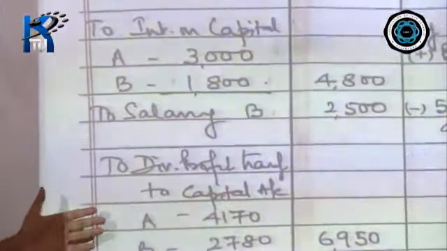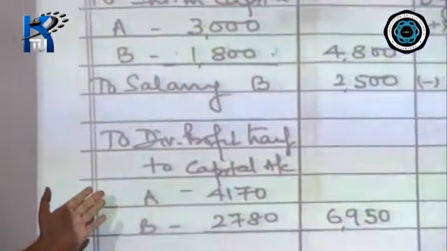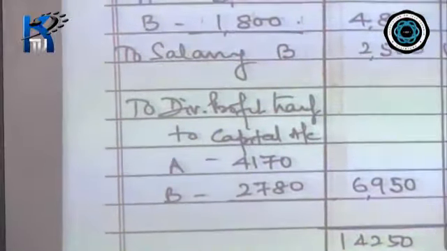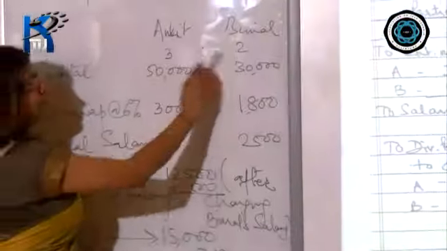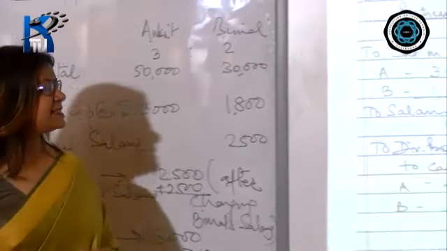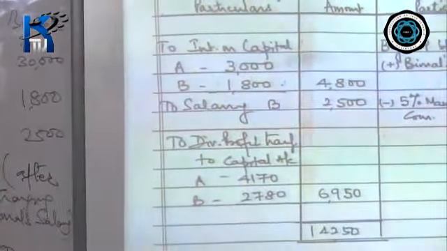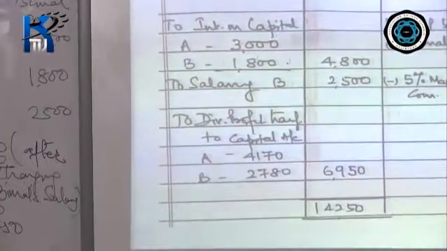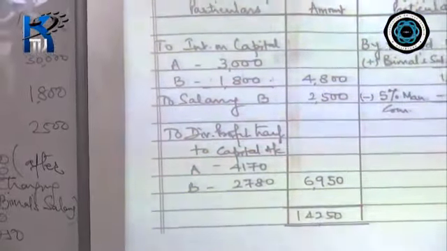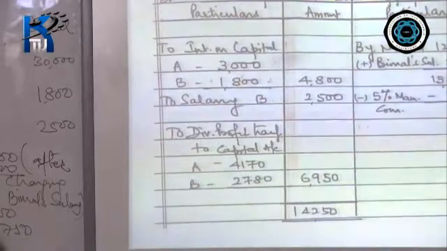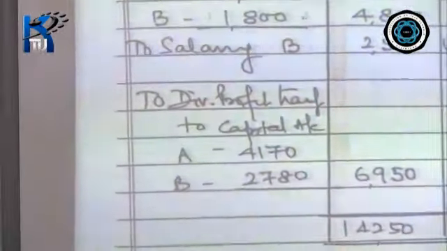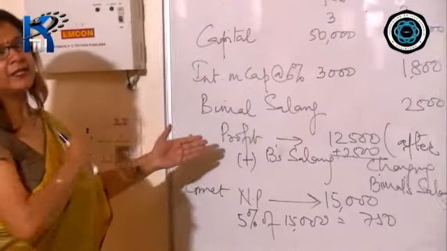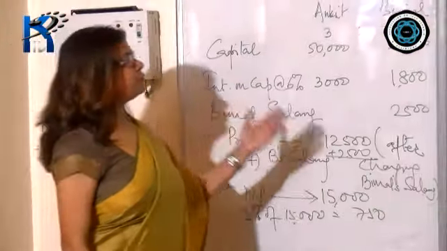And whatever is left towards the end, that is your divisible profit, it will be distributed amongst A and B in the profit sharing ratio of 3:2. So 6,950 into 3 by 5 will give you 4,170, and 6,950 into 2 by 5 will give you 2,780. So this is how we go about with the question. If you write the question in this format initially, it becomes very easy for you to comprehend.